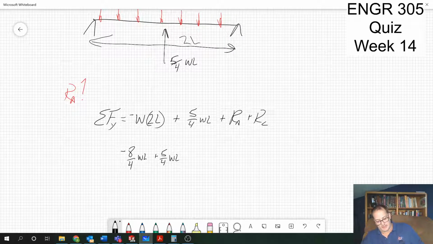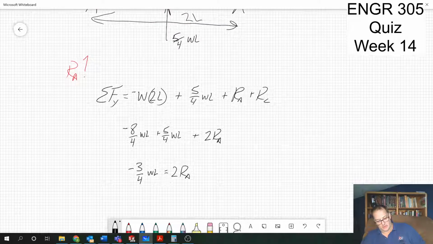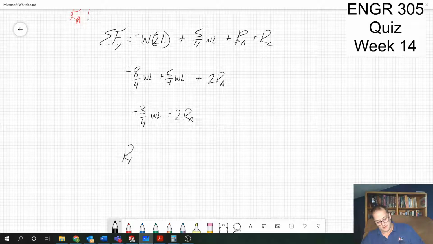So that gives me 3 force WL plus, and I'm going to just call it 2RA, since I moved it across to the other side, that became a plus. Let's do this correct here. Plus, and that's a minus, is equal to 0.